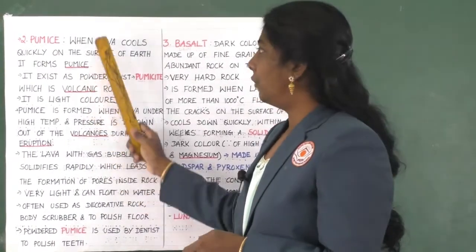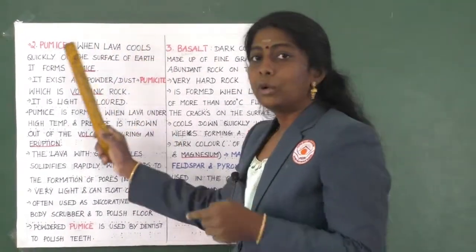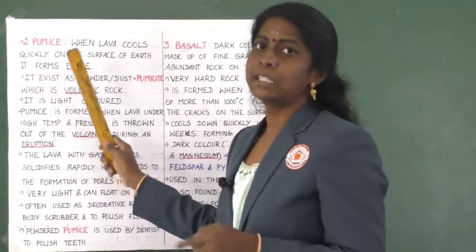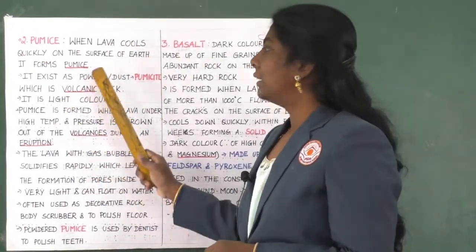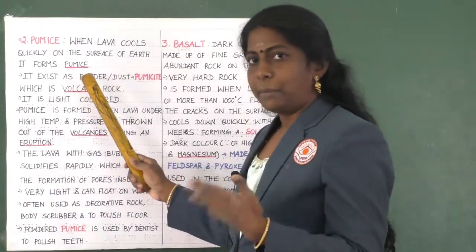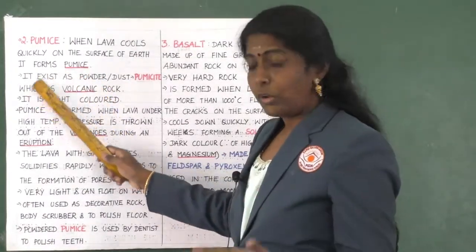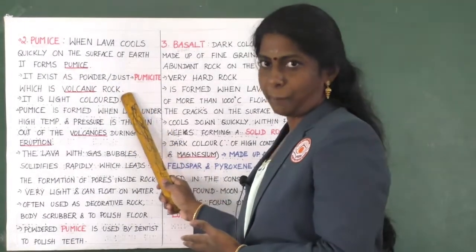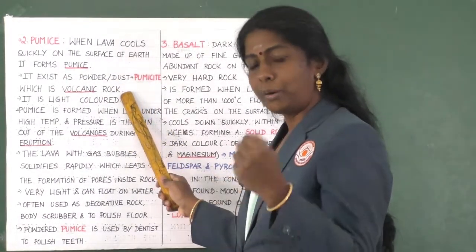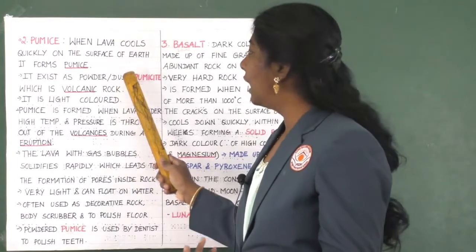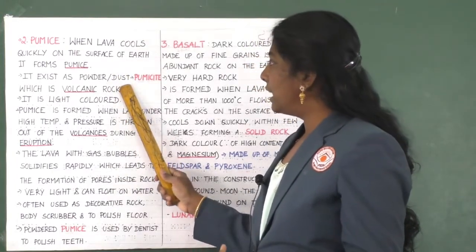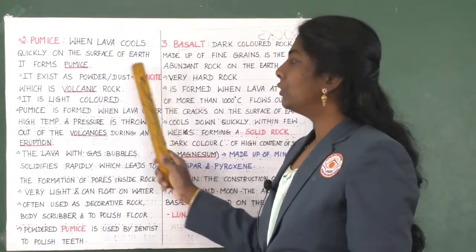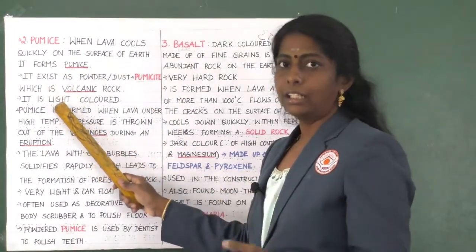This type of igneous rock also exists in the form of powder or dust, and that is said to be pumicite.